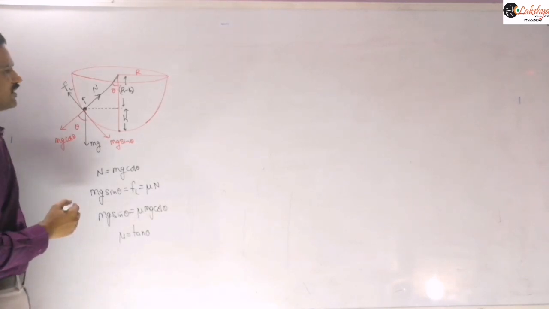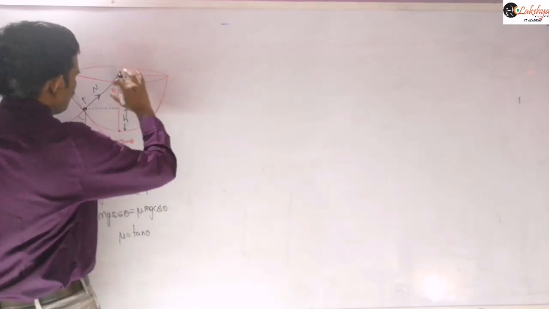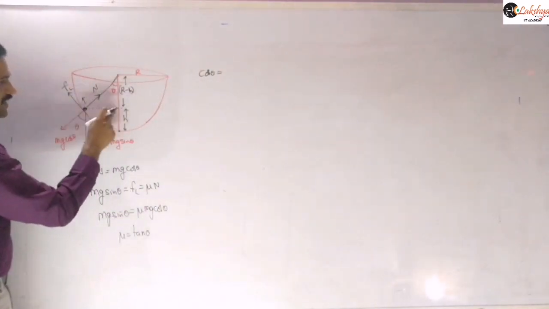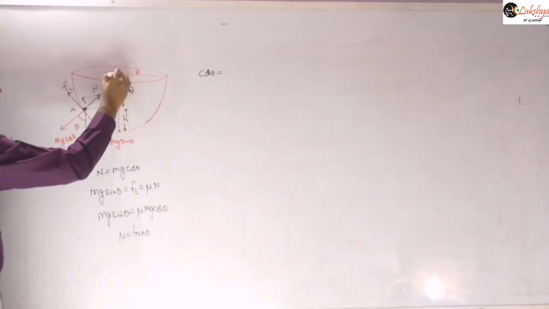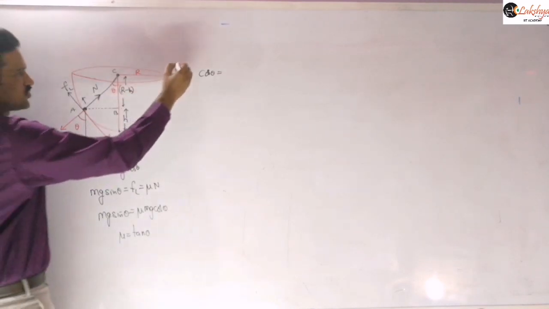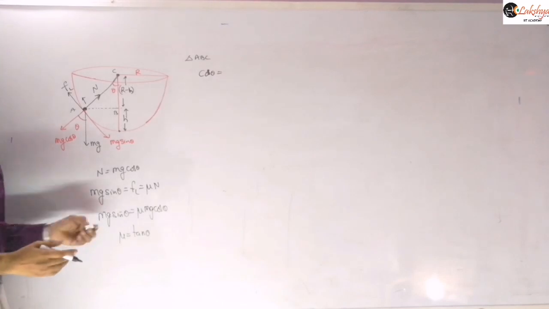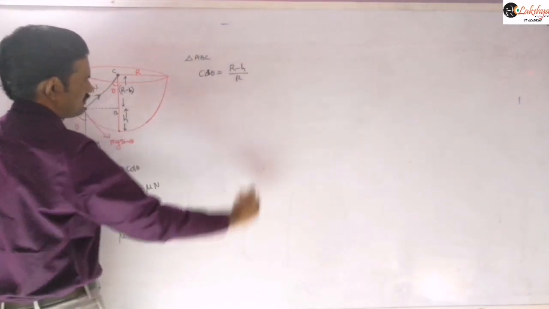Here I define cos theta from this figure. In this right angle triangle, suppose this is the point A, this is the center C, and this is the point B, so we have triangle ABC. From the triangle, I define the cos theta value. You can write this as r minus h by r.